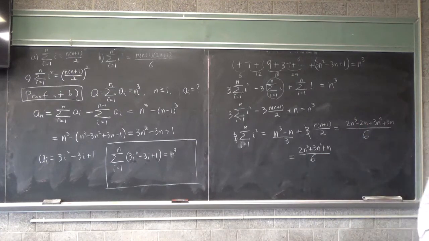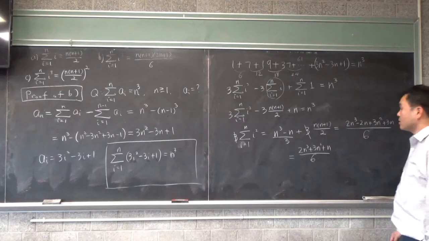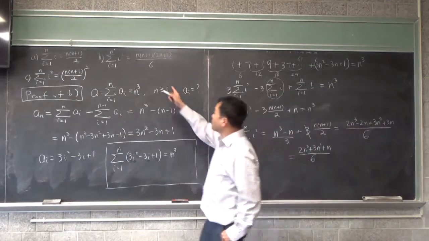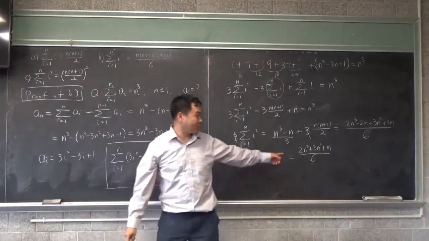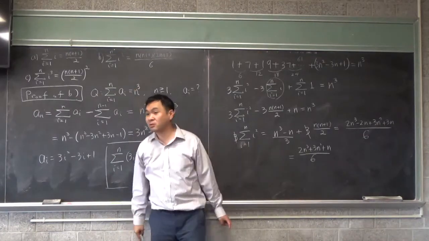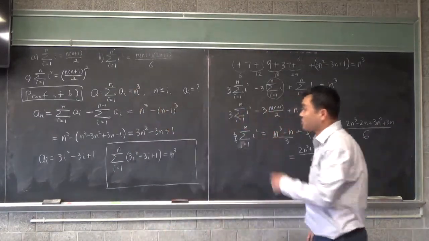So that's the answer, right? I wrote it like this, but if you FOIL this out, you'll see that this is exactly the same as this one. So these are the same formulas. Okay. So we proved B.